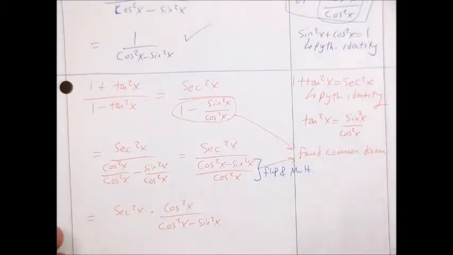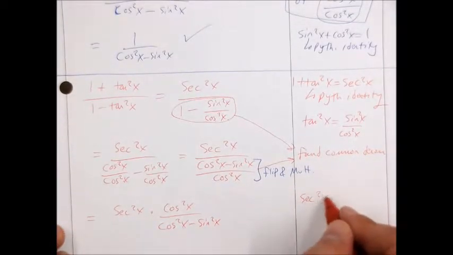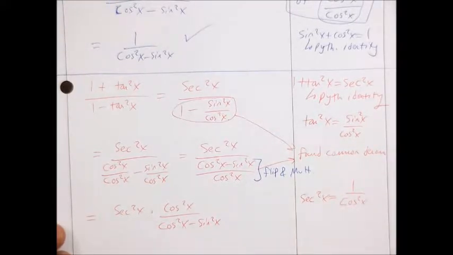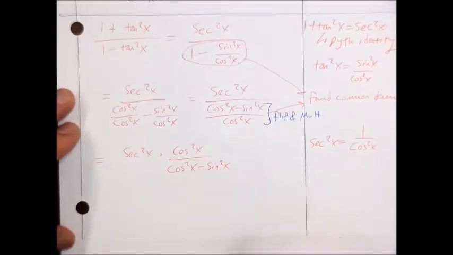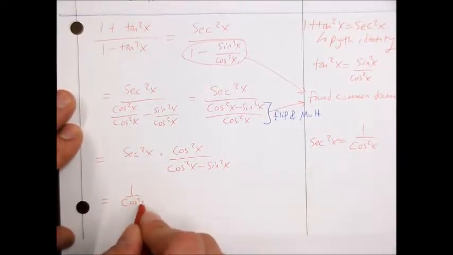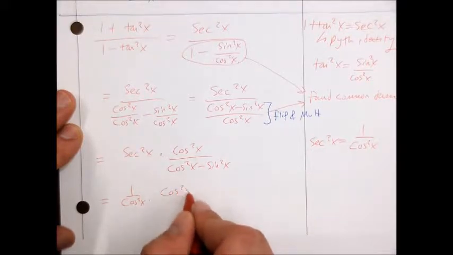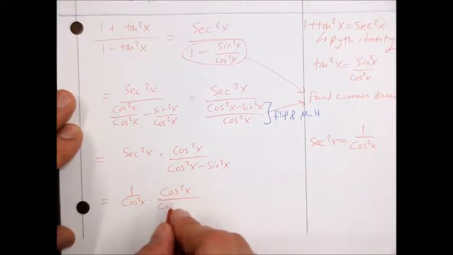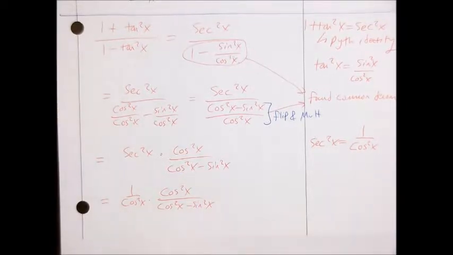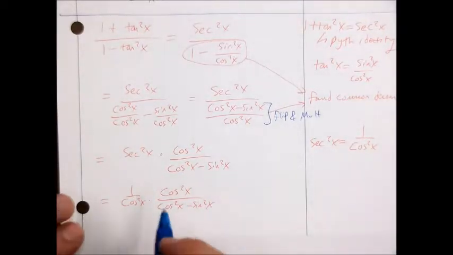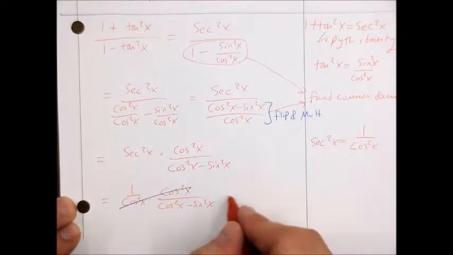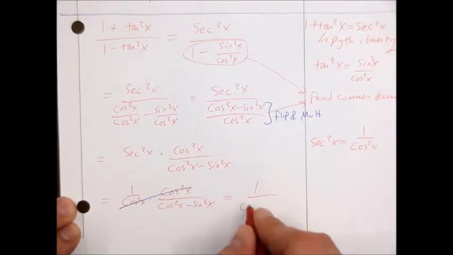And so those two things cancel each other out directly because you can replace secant squared with 1 over cosine squared, and then they cancel each other right out. Right? So we'd have 1 over cosine squared times cosine squared over cosine squared minus sine squared. Is it gross looking? Sure is. But those two cosines cancel each other out, and we get down to exactly what we were looking for.